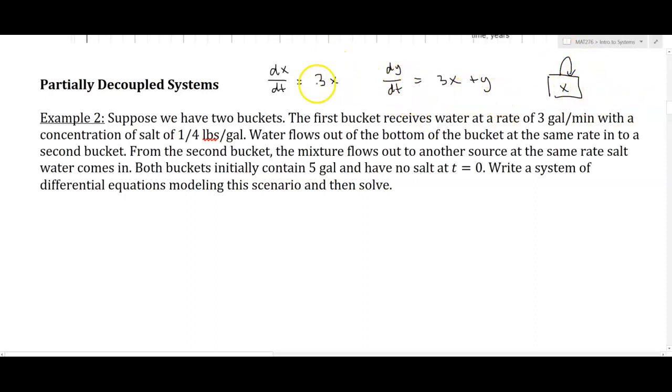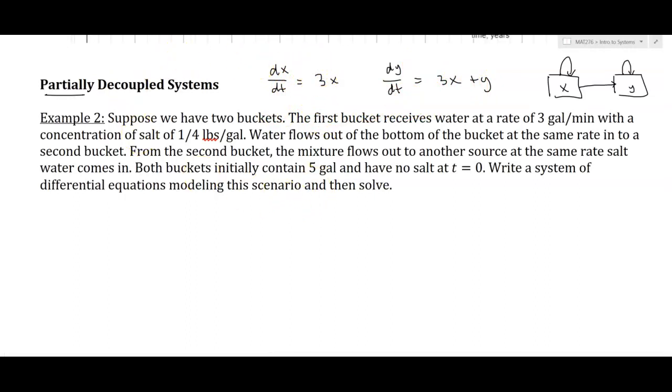There's no y value affecting the rate of change of x. But if we look at dy dt, then we need information about x and y. So they are only partially coupled, because only the rate of change of y depends on x, but the rate of change of x only depends upon x.